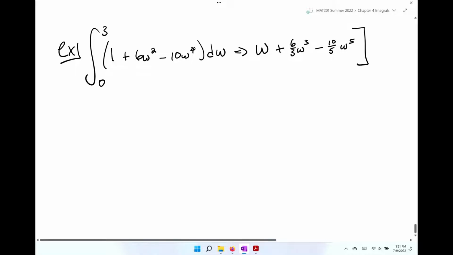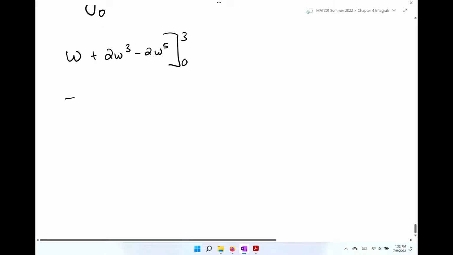And we need to evaluate this between 0 and 3. However, before we evaluate between 0 and 3, let's clean this up a little bit. So we get w plus 2w to the 3rd minus 2w to the 5th. And finally, we can evaluate between 0 and 3. So the way that I'm going to do this here, I'm just going to write out two big brackets.